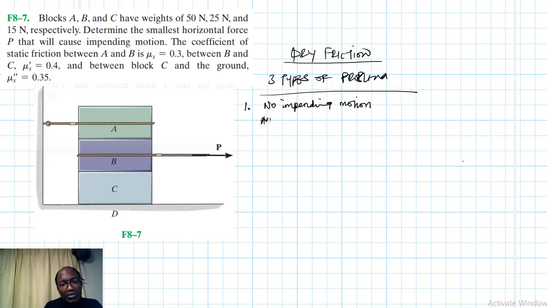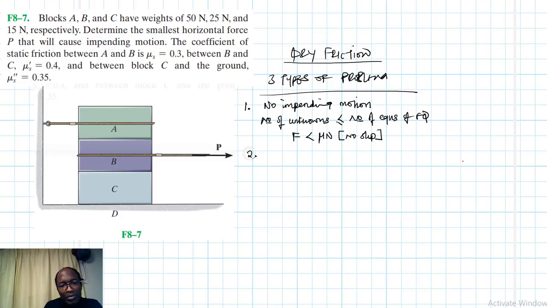This is a case where the number of unknowns is less than or equal to the number of equations of equilibrium. Once we have this condition, we always check for slip at the contacting surface, and if this condition is met, we are sure that there is no slip at the contacting surfaces.